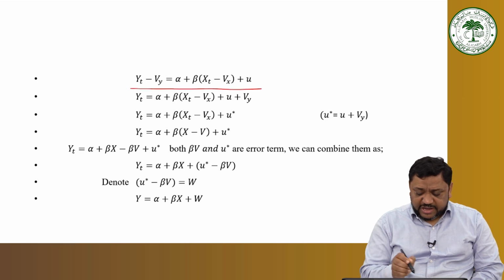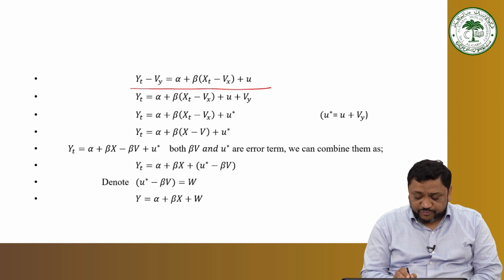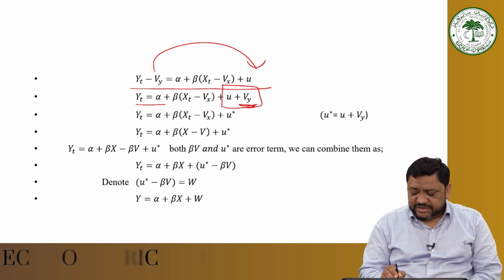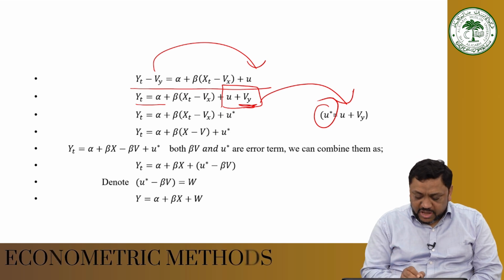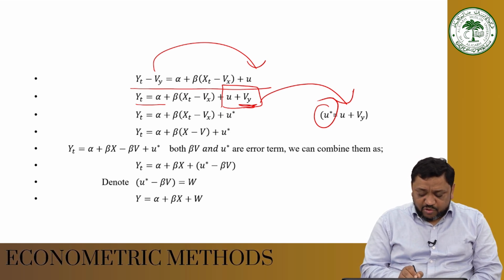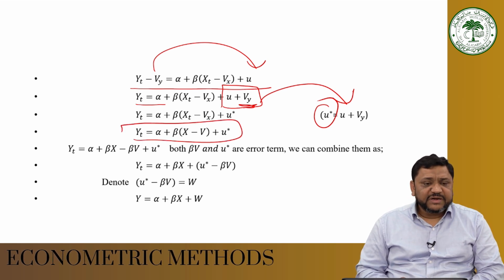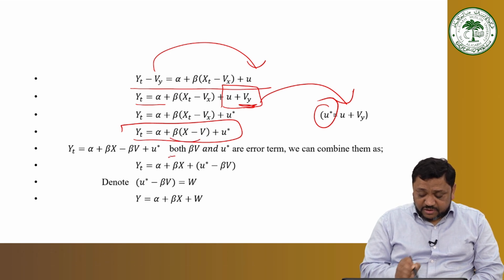Now we have this model from the previous slide. So now yt is equal to, we take this vt to this side, it comes over here. Next we say that this is a composite error term, and we denote it by u asterisk. So we get this equation, yt is equal to alpha plus beta x minus v plus u asterisk. Now both v and u are error terms, and this error v is multiplied by beta.